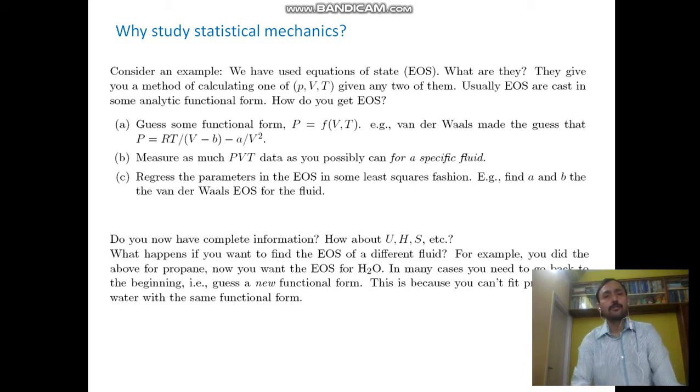How do we get an equation of state? Get some functional form, P is equal to a function of volume and temperature, V and T. For example, Van der Waals made the guess that P is equal to RT by V minus B, minus A by V square.